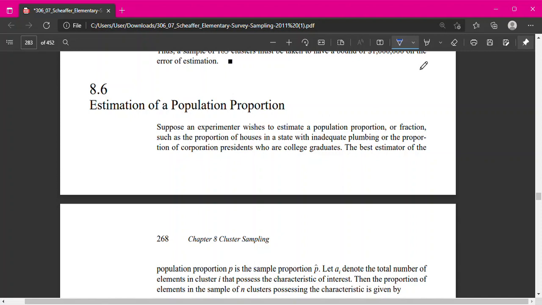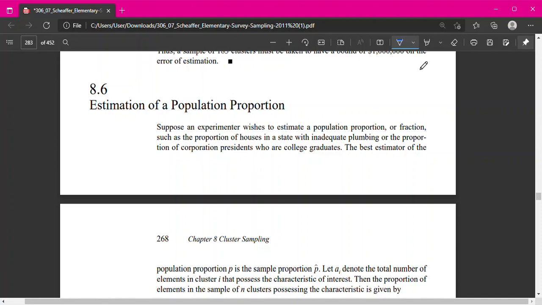Another one is when we want to estimate the proportion of the population. As you know from the previous lesson, it is equal with the other sampling like SRS, systematic and also stratified, that the proportion is the fraction.